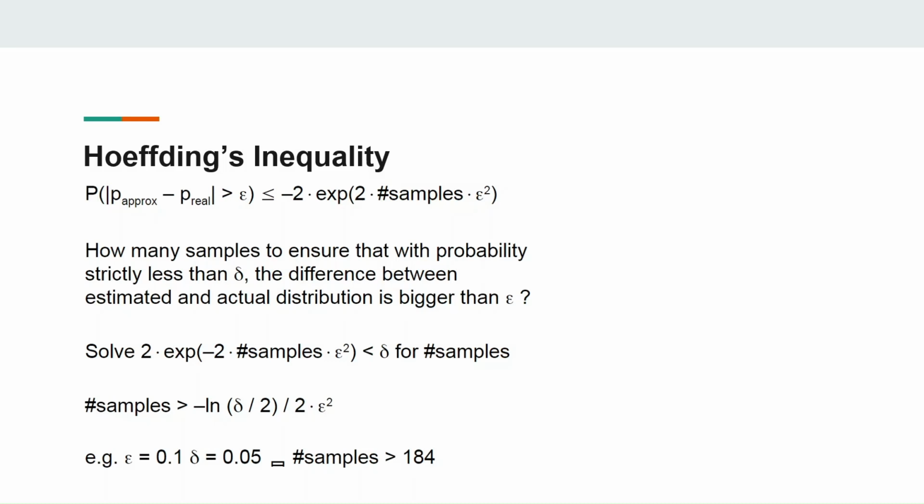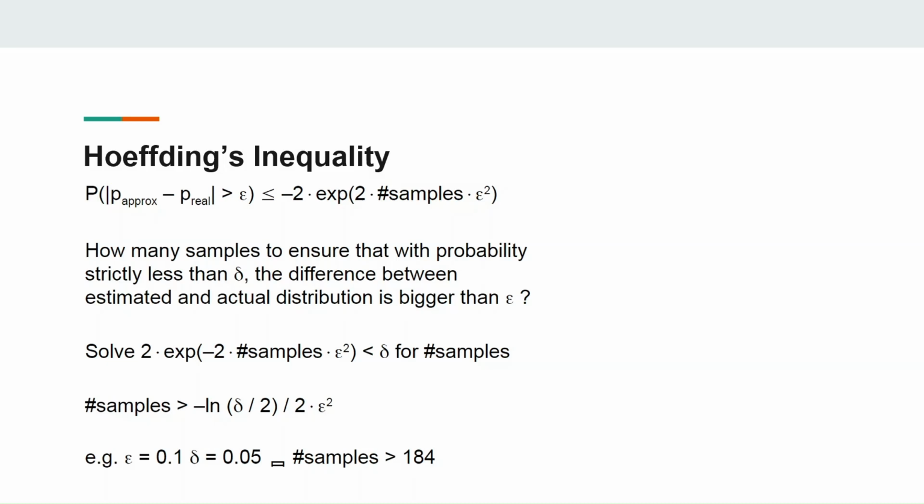Because it's an exponent, so you take the logarithm, which is negative, so you add the negative, and that brings a positive. We just want the right side of the very top equation to be smaller than delta, right? We just add one more inequality on the right side. So that's basically what we do.